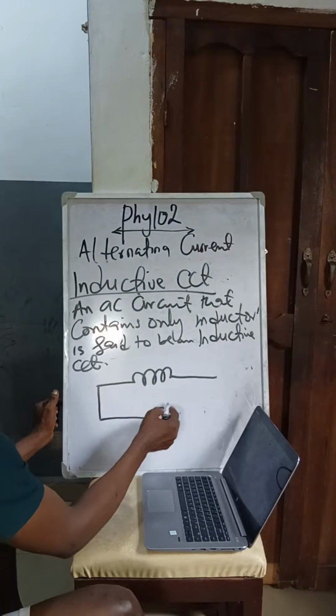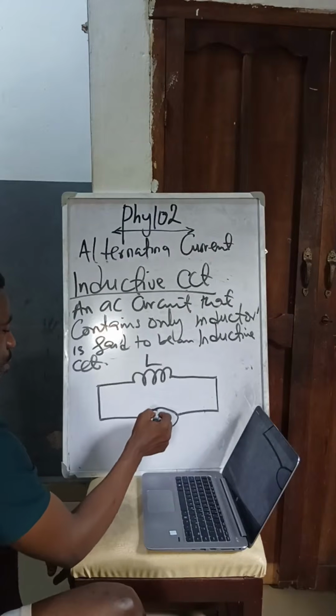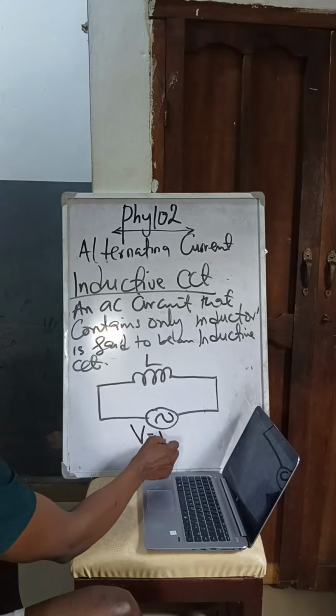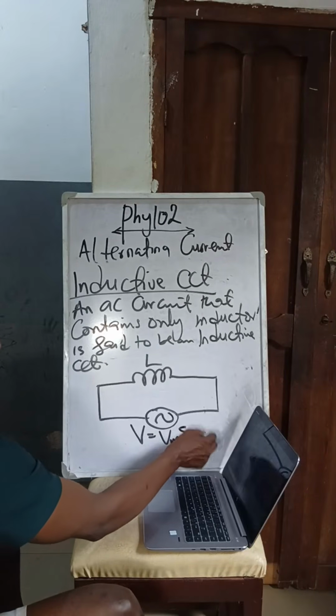So this is the circuit that has only inductor and is connected to AC source, where V is equal to Vm sine WT.